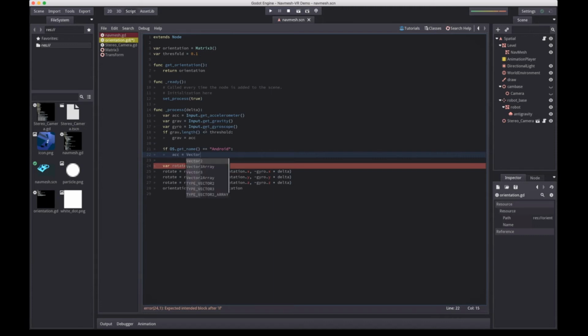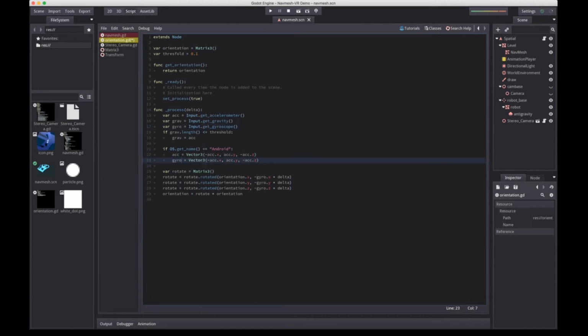So all we need to do is go and take the negative x and take the y as is, and take the negative of our z. To correct this, we're doing the same thing with our gyro, because they are also the wrong way around. Mind you, maybe the gyro I should have flipped around as well, so you don't have to make that negative here. But anyway, better safe than sorry.